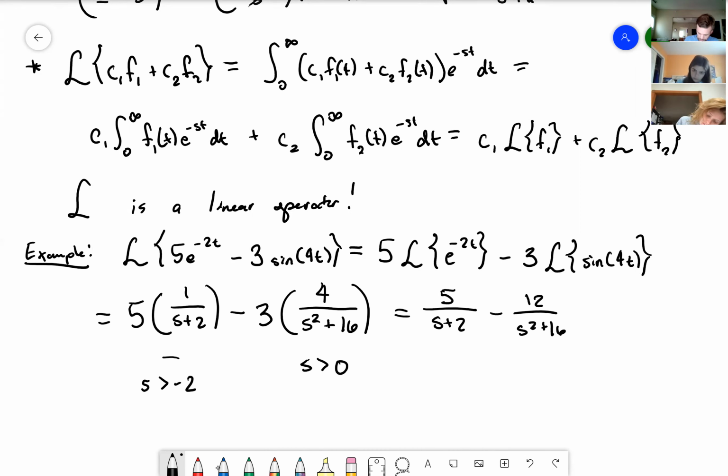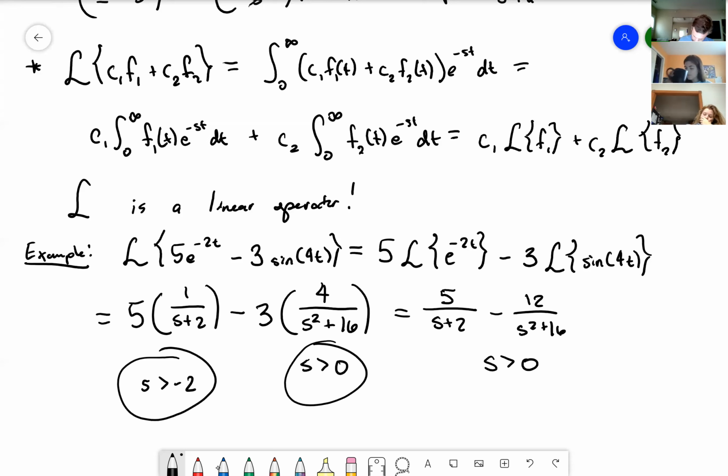Now, because this part is valid for s greater than -2, and this part is valid for s greater than 0, then we take the smaller range, the one where they're both defined. And so this thing is defined over s greater than 0. So there's our input, here's our output, and here's the s-plane where it's valid.